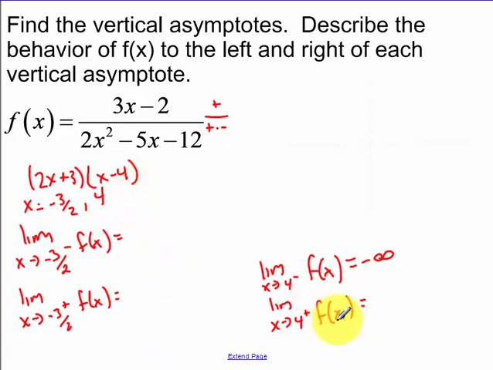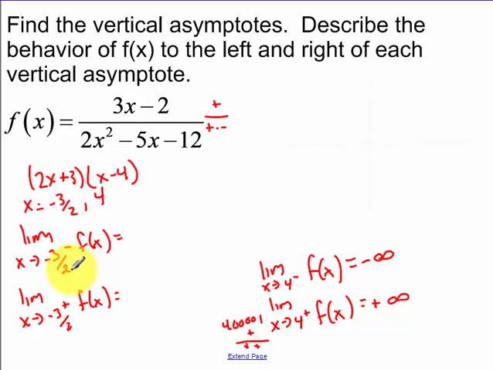When I plug in something greater than 4, like 4.00001, and I'm doing all this math in my head, I know that that's really close to 4, so I know my numerator is going to be positive. This term is going to be positive, but this one would also be positive, so I'd be going to positive infinity.